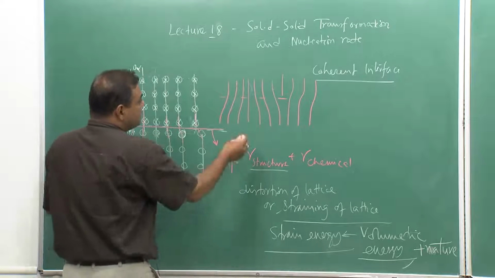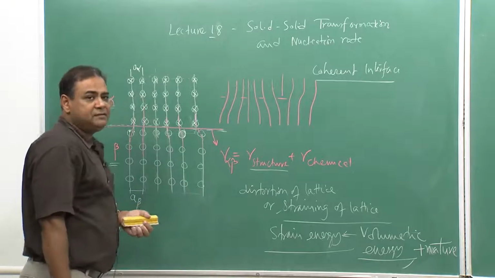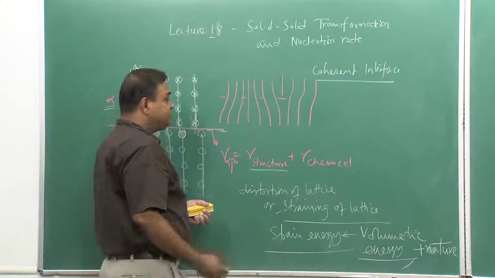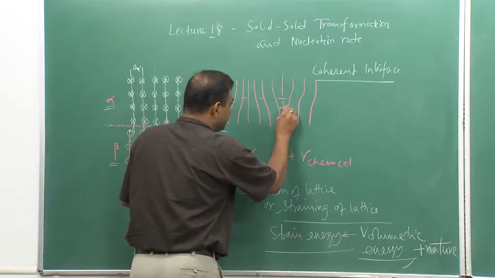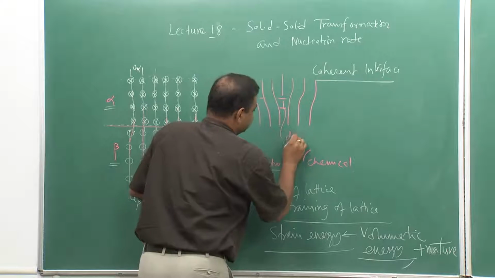So, now this is an extra plane on top of this particular line, and this is a kind of dislocation.